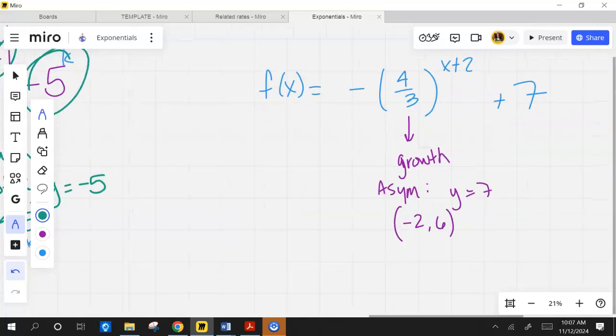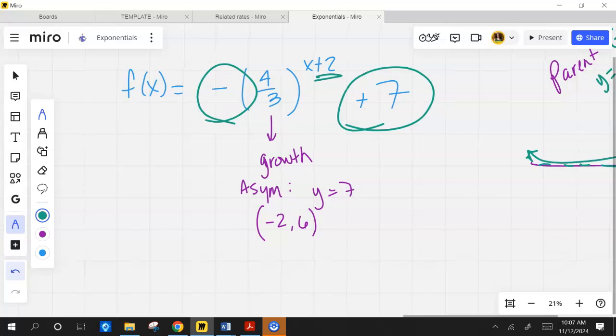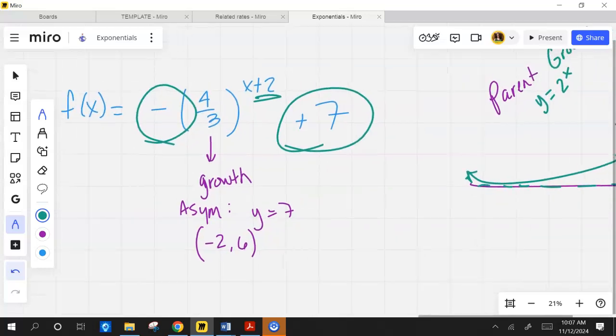The parent for this one would be 4/3 to the x, and then I would start doing my shifts. Up 7, left 2, reflect over x. Y'all remember doing all that? 4/3 is your base, so that tells you what your parent is.